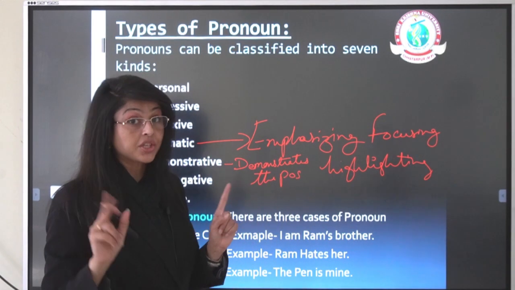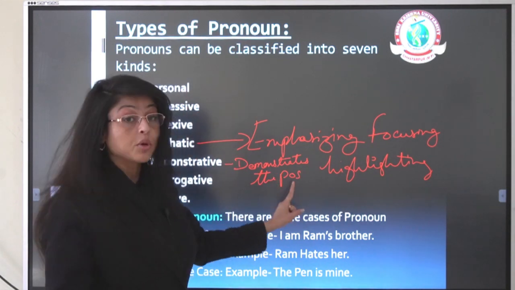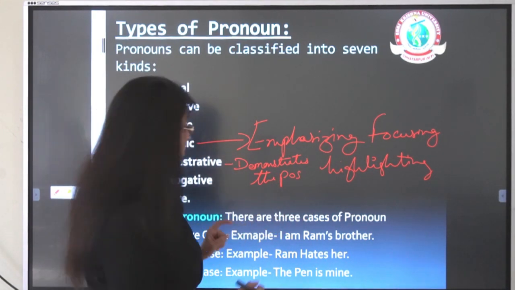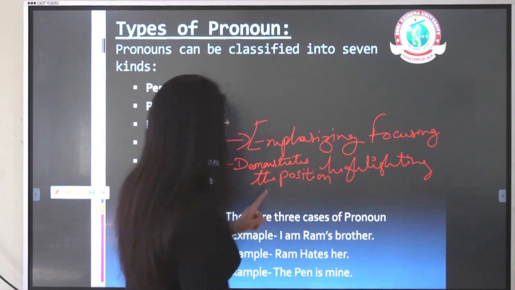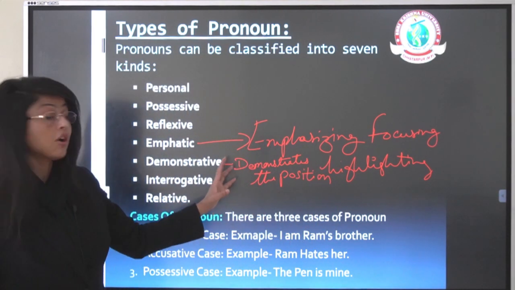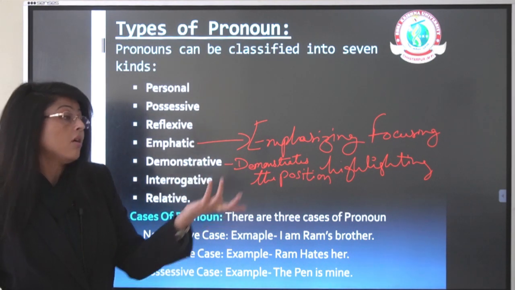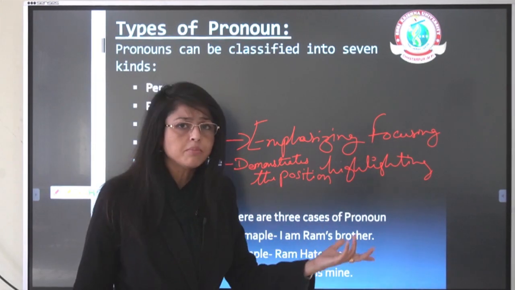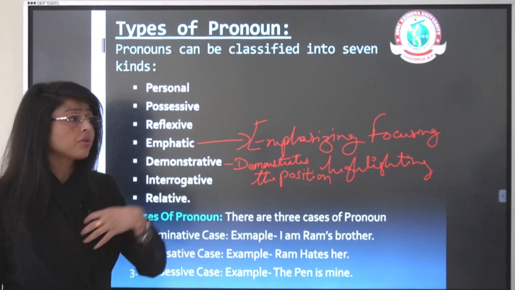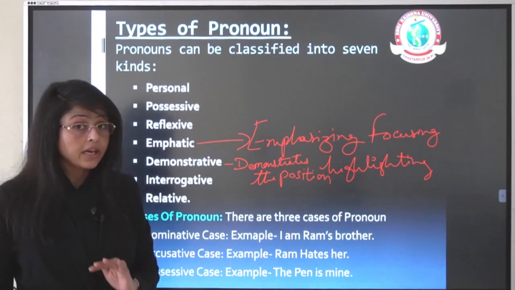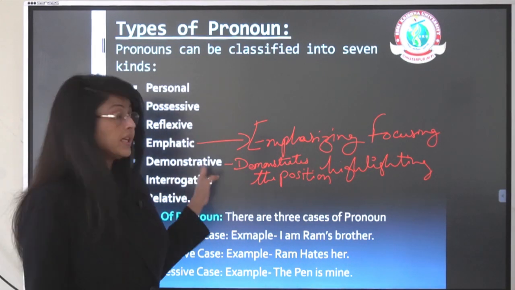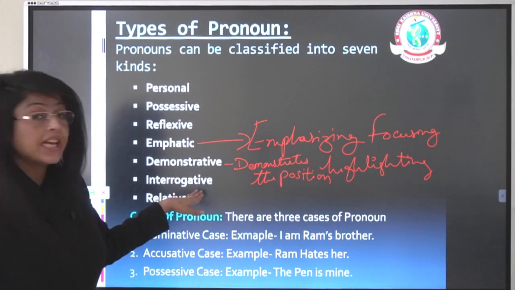Position, not possession. Possession is ownership. Position is the location. It's demonstrating the position of an object, whether a person, animal or anything, whether it's close or far. There are 4 types, depending on singular and plural. We are going to study it in detail in the forthcoming slide.